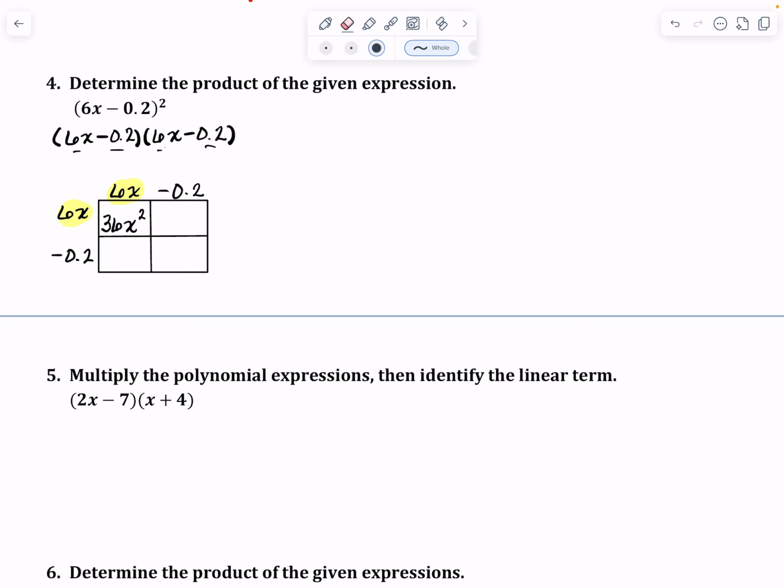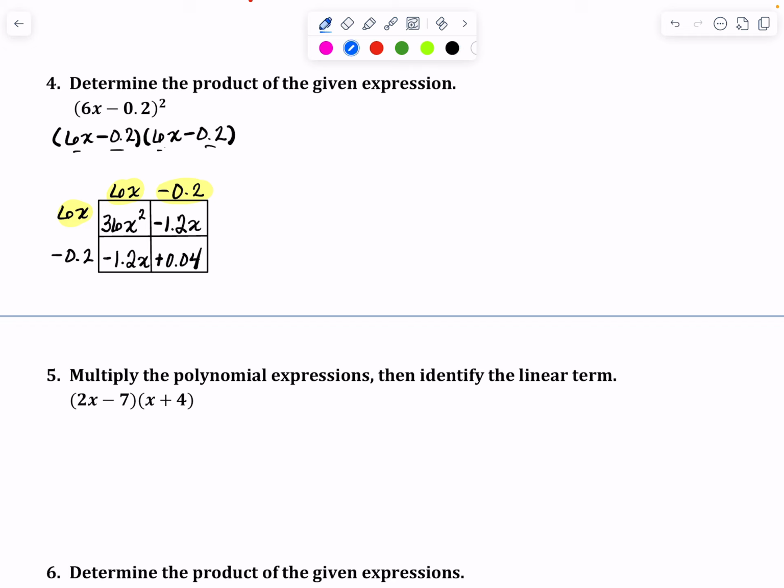Then we'll do 6x times negative 0.2, and that there is going to give me negative 1.2x. 6x times negative 0.2 is negative 1.2x. And then negative 0.2 times negative 0.2 makes that a positive 0.04.